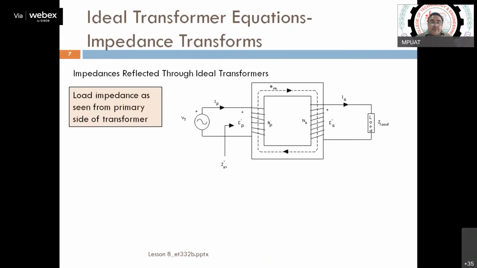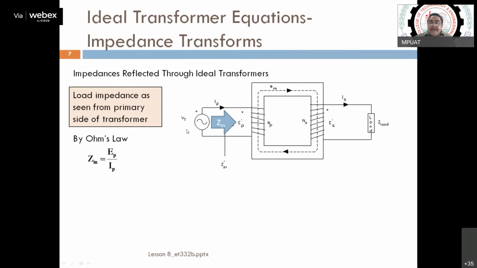Now we will talk about another concept called the reflection of impedances. You know that if this is a transformer and I'm looking toward this side, then my input impedance will be EP upon IP.